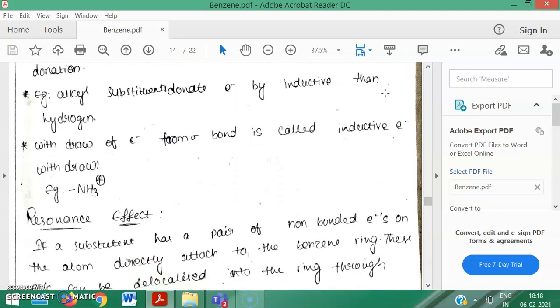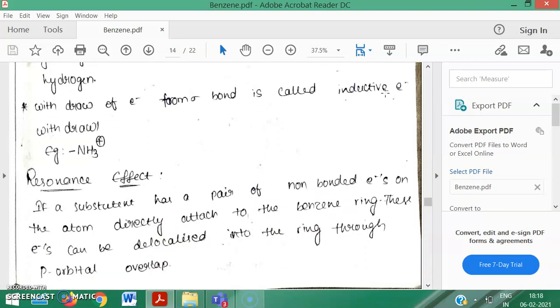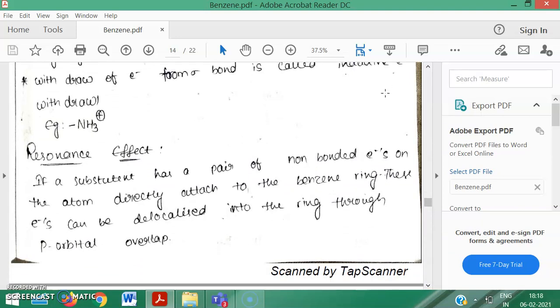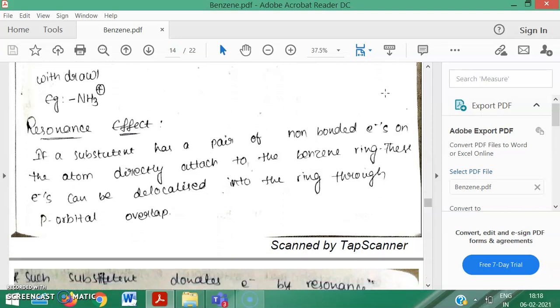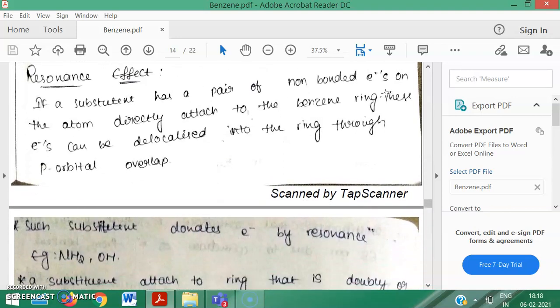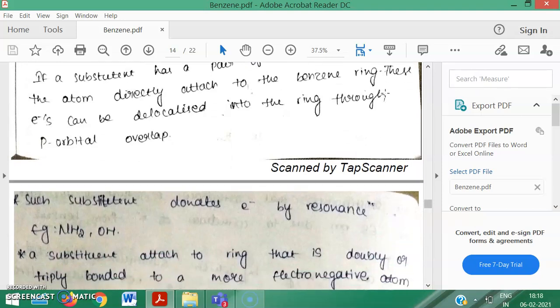Resonance effect means if a substrate has a pair of non-bonded electrons on the atom directly attached to the benzene ring, these electrons can be delocalized into the ring through p orbital overlap. Such substrates donate electrons by resonance, like NH2 and OH. For example, aniline is benzene containing an NH2 group. What happens? N has a lone pair of electrons.